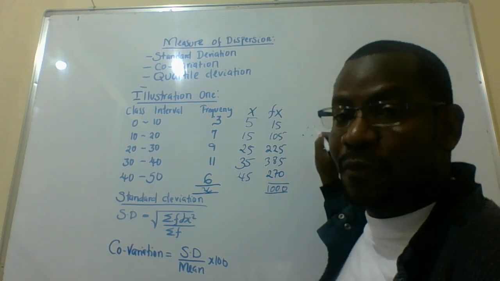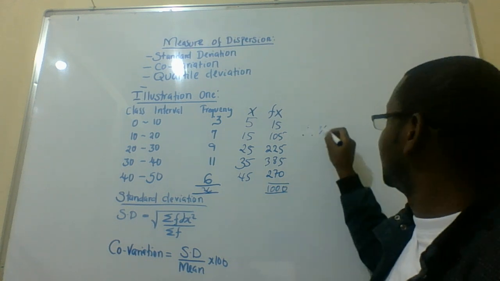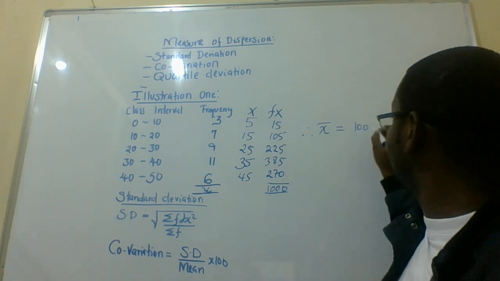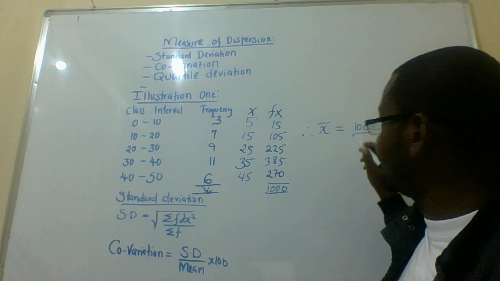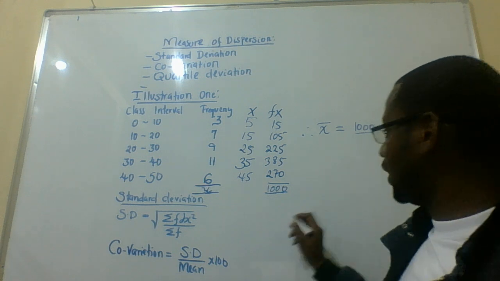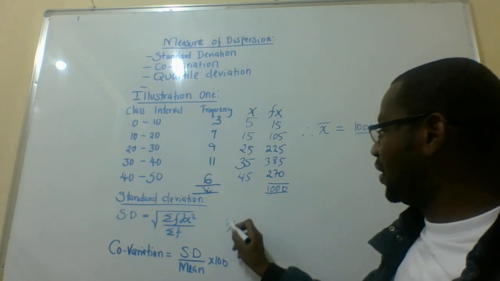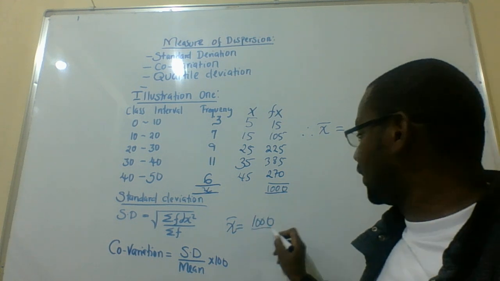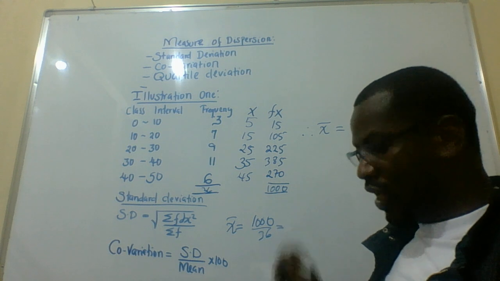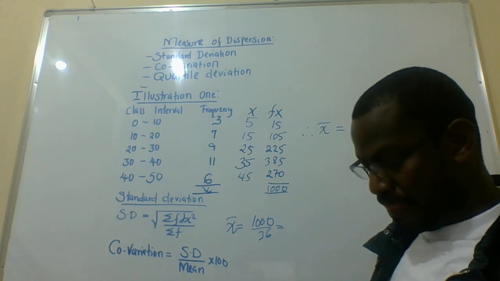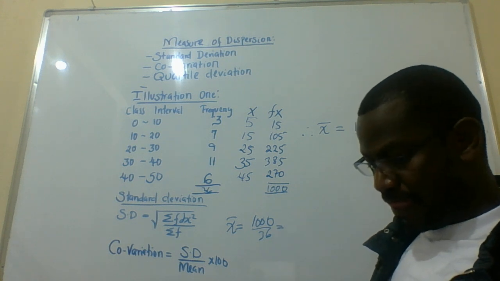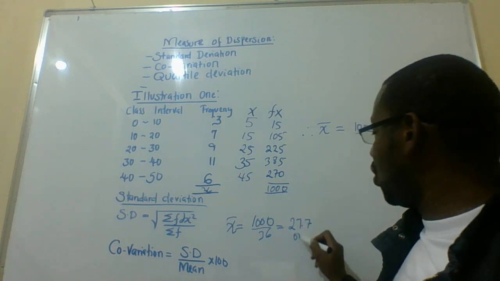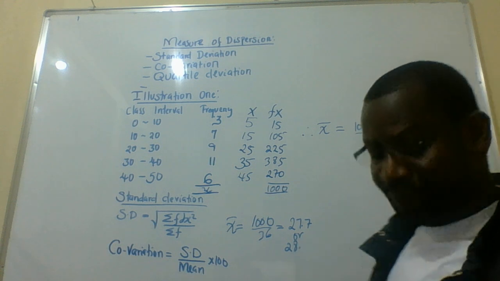So, therefore, mean is equal to 1000 divided by 36. Therefore, our mean is 27.7 or 28.